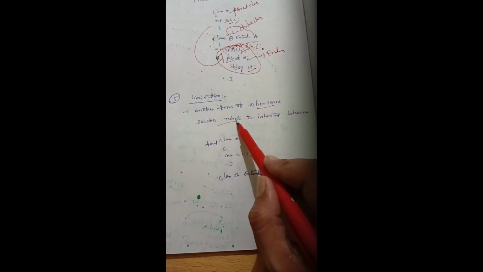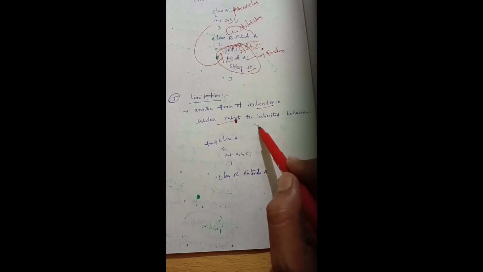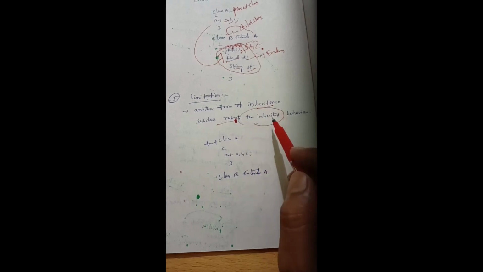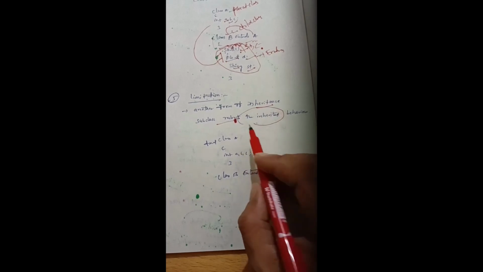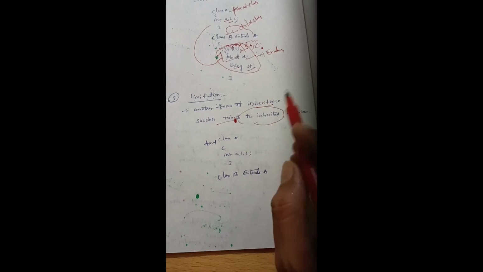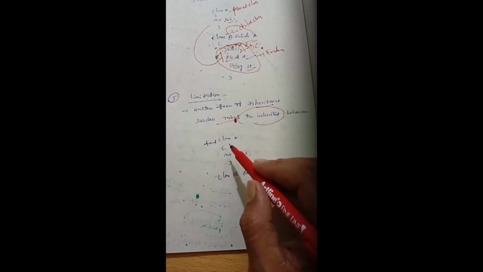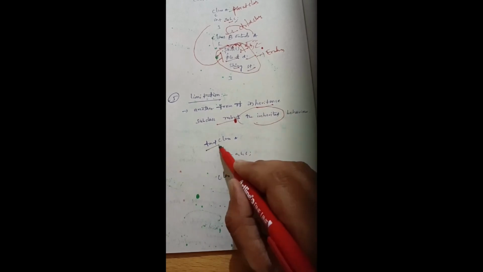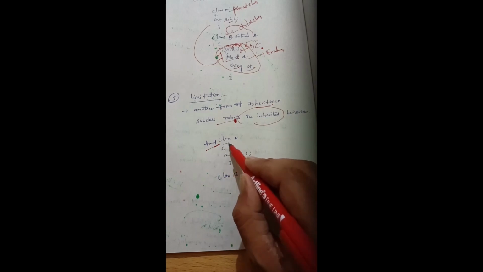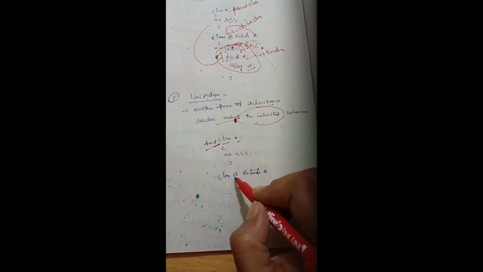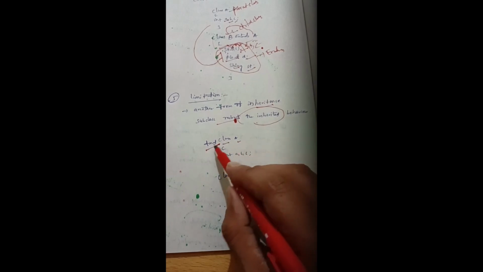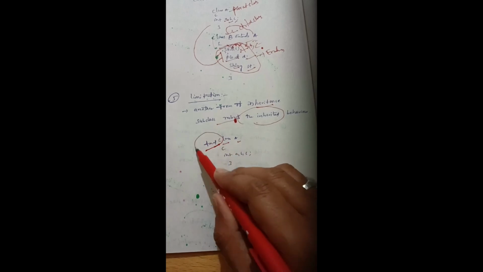The subclass has some restricted behaviors. Okay, how do we use restricted behaviors in limitation? First, we use final: final class A. In front of the class we use the final keyword.